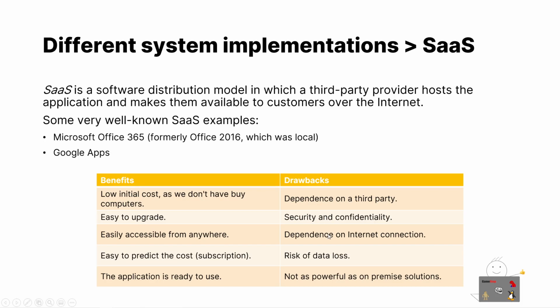If we offer a product to the public, they can only use it when connected to the internet. We have a risk of data loss. Again, if the third party shuts down, we will probably lose our data. And it's not as powerful as buying the servers and managing them on our own.